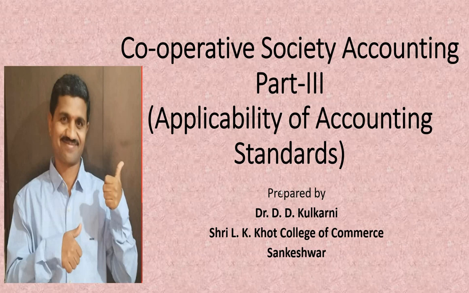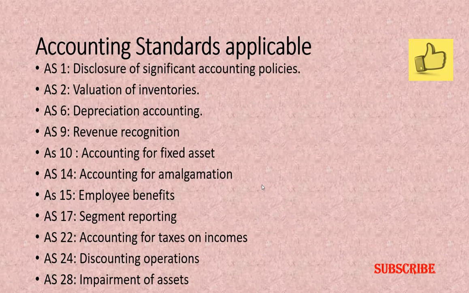Now, let us move to the presentation. Of course, the cooperative societies are also not an exception to the applicability of the accounting standards. The financial statements prepared by the cooperative societies are general purpose financial statements.